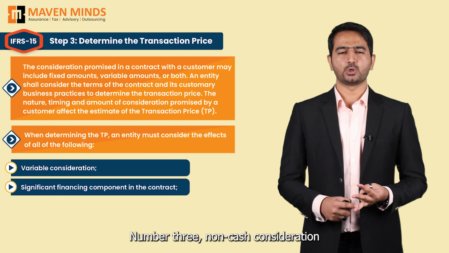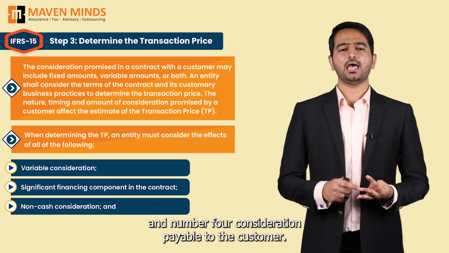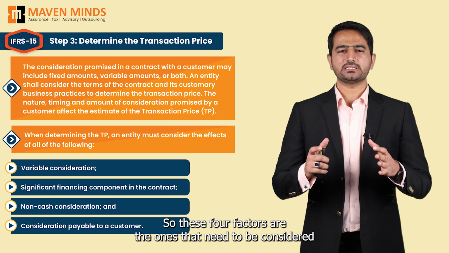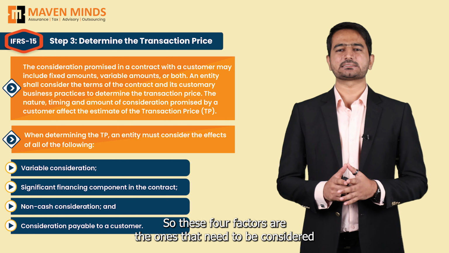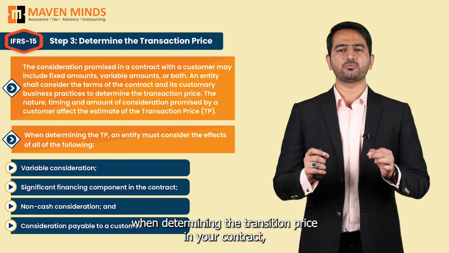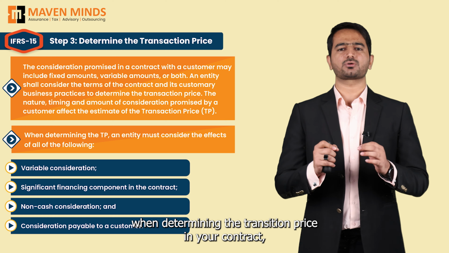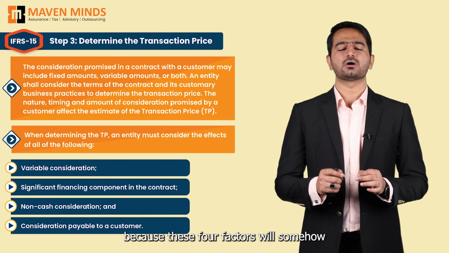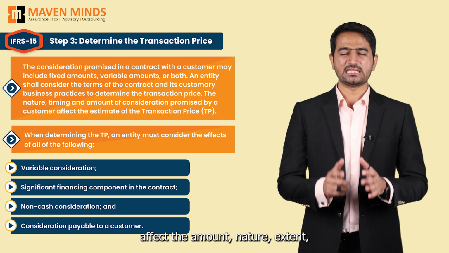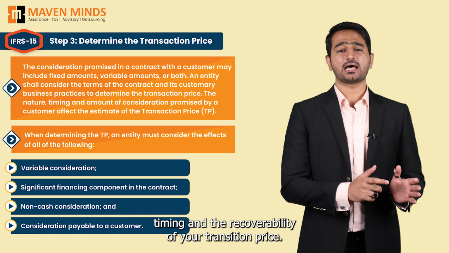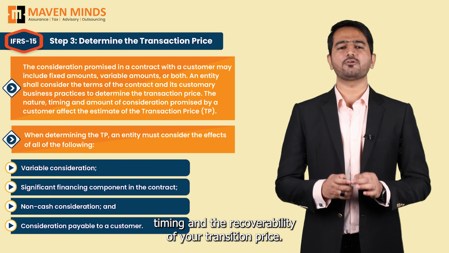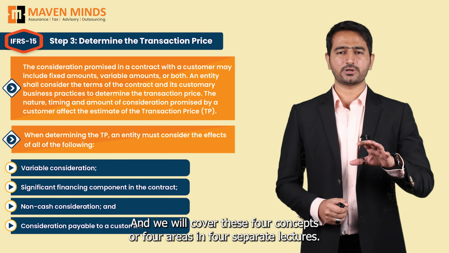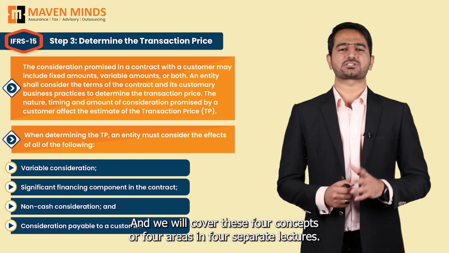Number 3, non-cash consideration. And number 4, consideration payable to the customer. So these 4 factors are the ones that need to be considered when determining the transaction price in your contract, because these 4 factors will somehow affect the amount, nature, extent, timing and the recoverability of your transaction price. And we will cover these 4 areas in 4 separate lectures.